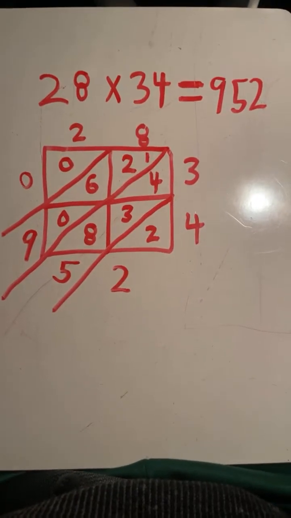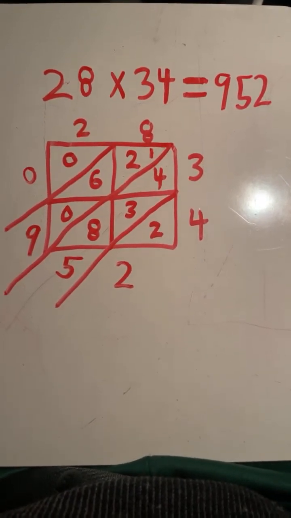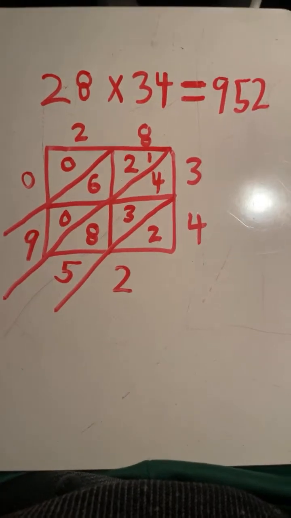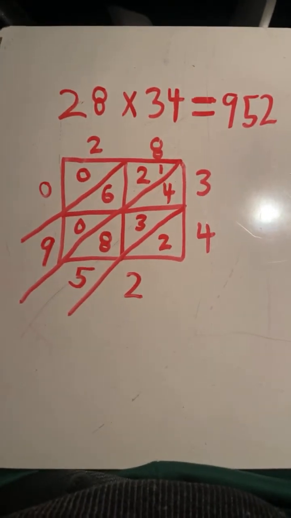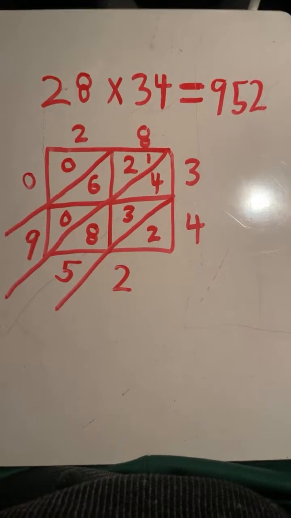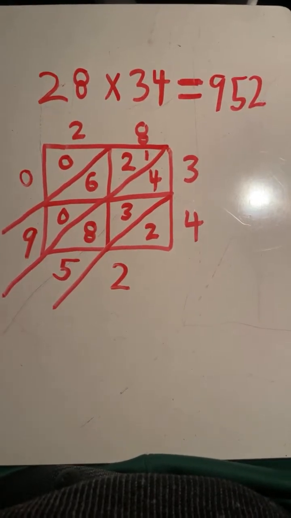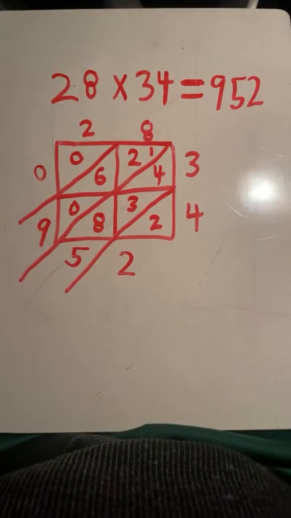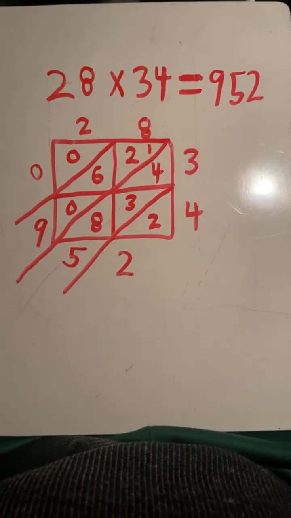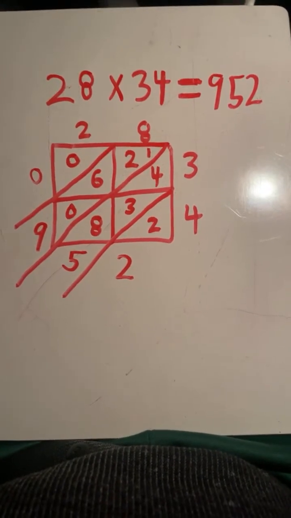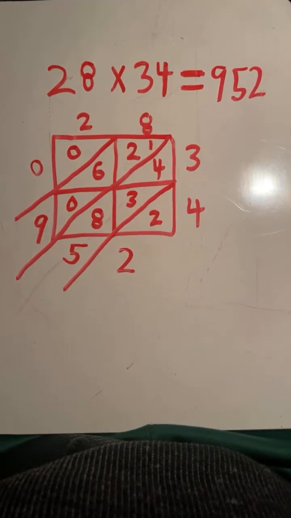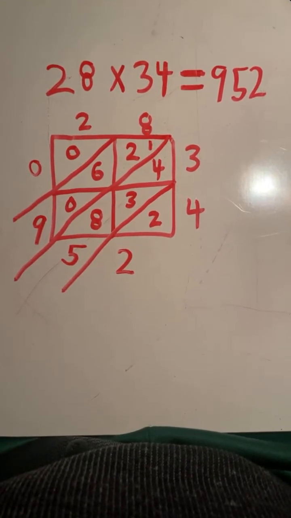Some people like area model multiplication. Some people like the partial product method. Some people like this method, which is called the Lattice Method. But whichever method you find makes the most sense for you, that's the method I want you to use. I want my students to have as many tools as possible, so whichever method works for you and makes the most sense to you, that's the one that you should use.